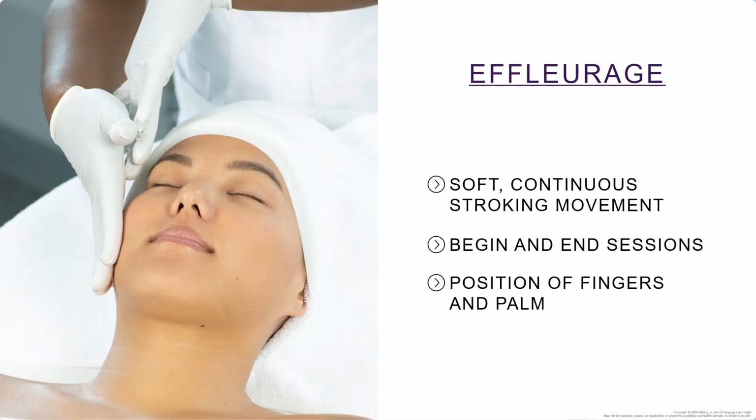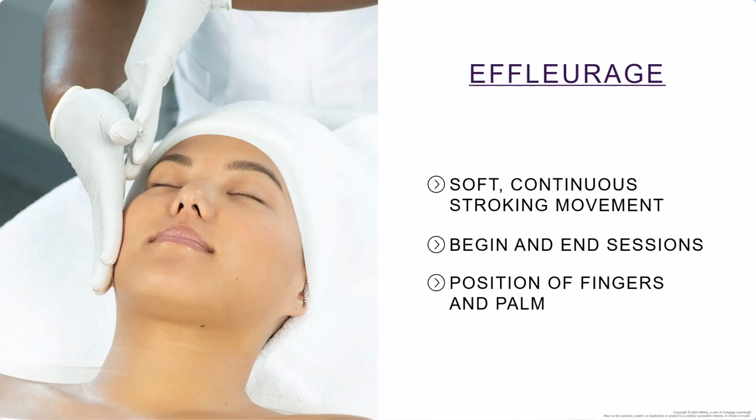Getting into the types of massage movements, we have effleurage first, which is a soft, continuous stroking movement applied with the fingers and palms in a slow, rhythmic manner. The fingers are also used on smaller surfaces like the forehead and the face, while the palms are going to be used on larger surfaces like the shoulders.